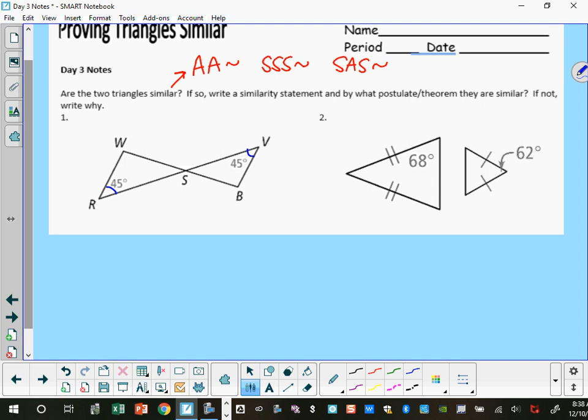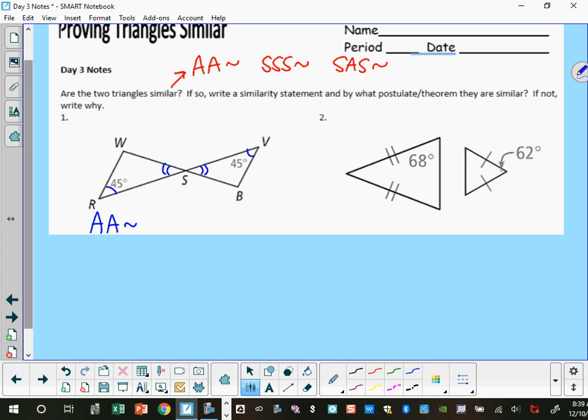They're vertical angles. So that means we're going to put two arcs there. So I have angle, angle similarity, side, side, side, and side, angle, side. Which one would this be? Angle, angle. That's all I can put. It's either that or nothing.